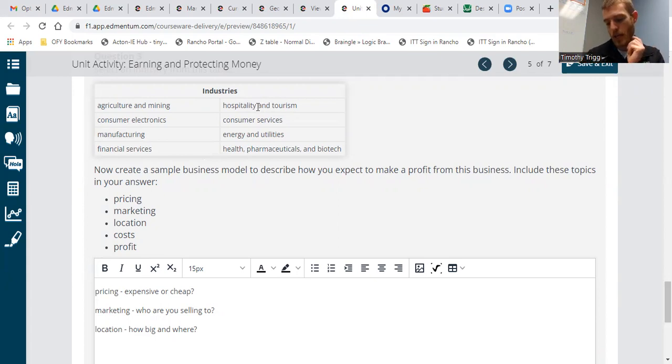Okay, costs. You want to talk about two things. One, startup costs, and two, recurring costs. So what are some of your startup costs? What are some of your recurring costs? Let's say you're doing health, pharmaceutical, and biotech. Maybe you want to open a gym. What would be some of your startup costs?